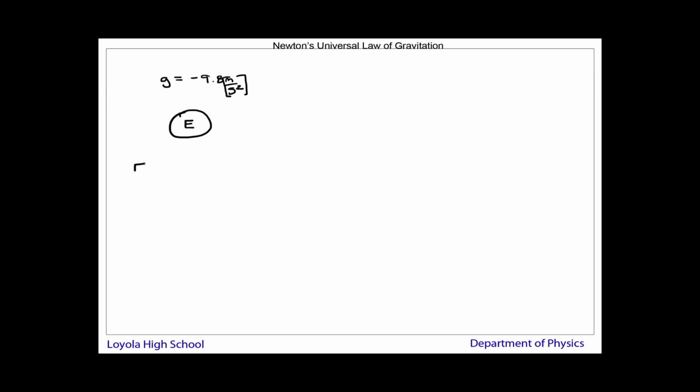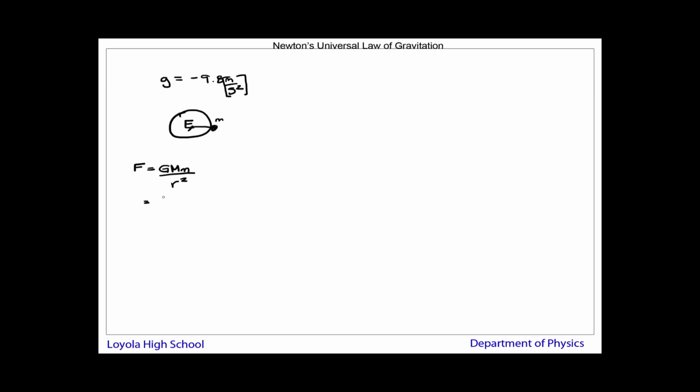Newton's universal law says F is equal to capital G, the gravitational constant, times the mass of the Earth, times the mass of a little object, which I'll call little m, over r squared, the distance from the center of the planet to the center of the object.